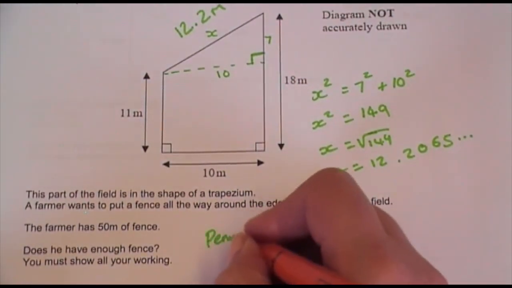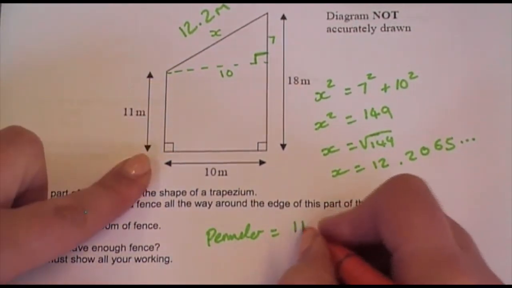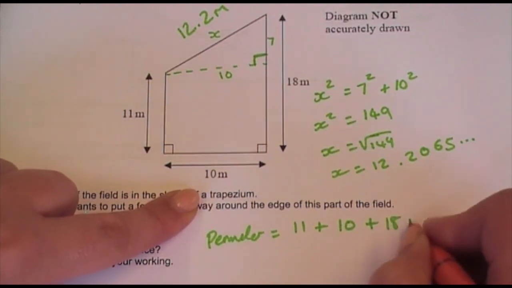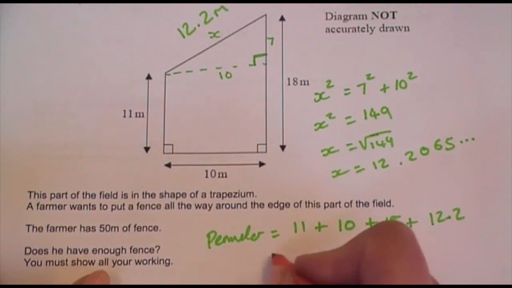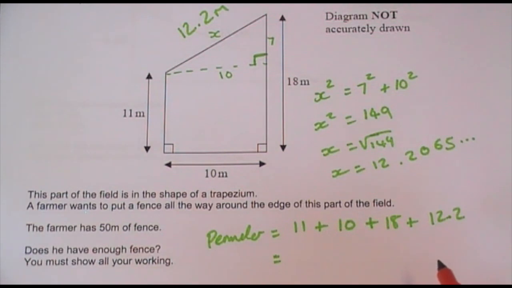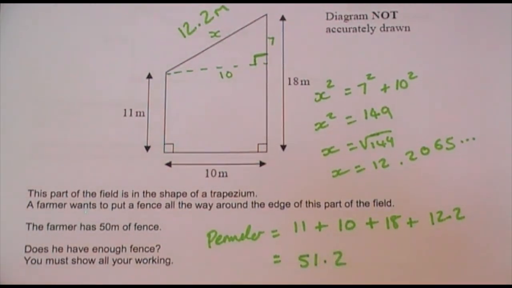So perimeter equals this 11 plus this 10 plus this 18 plus this 12.2. So the perimeter of the field is 12.2 plus 18, 10, 11 equals 51.2.